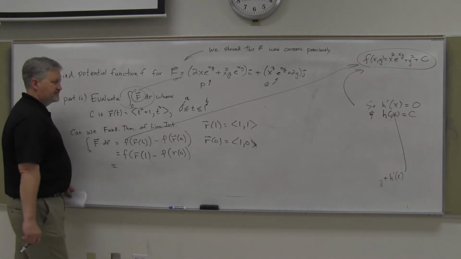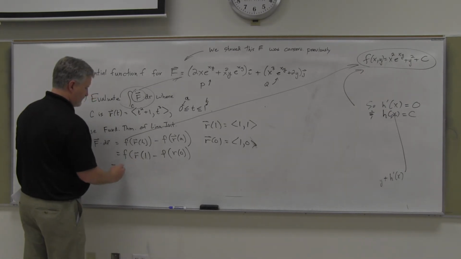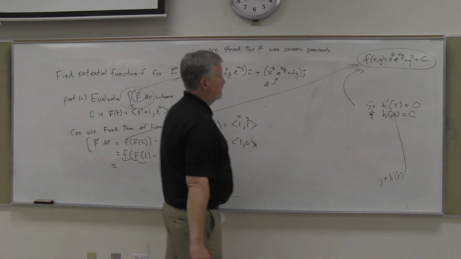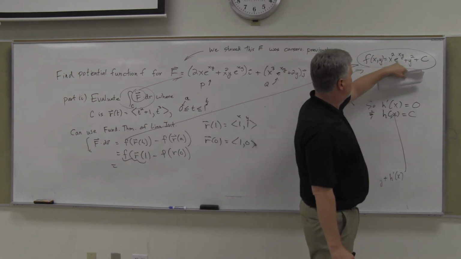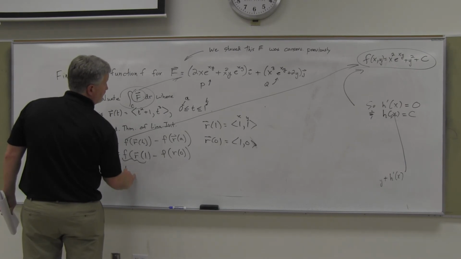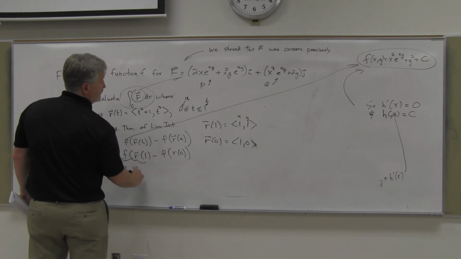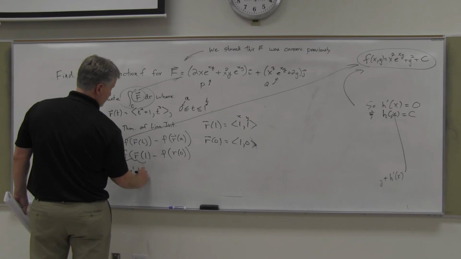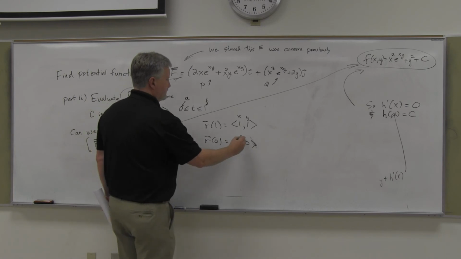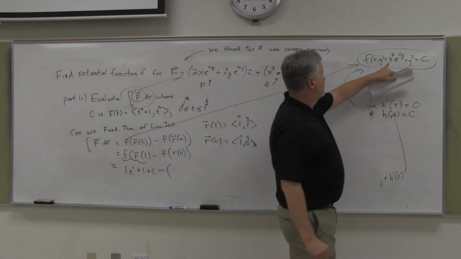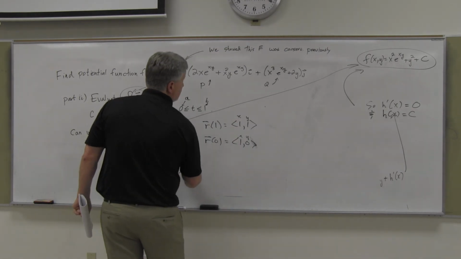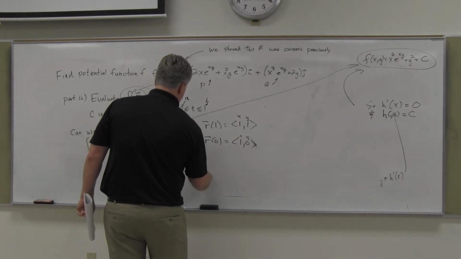All right, so last but not least, f of r of 1. The x is 1, the y is 1. So it would be 1 e to the 1, first part, plus y is 1, plus c, of course that's going to cancel out, minus f of r of 0. You've got x is 1, y is 0, so that would be 1 e to the 0, y is 0, the c's will cancel.